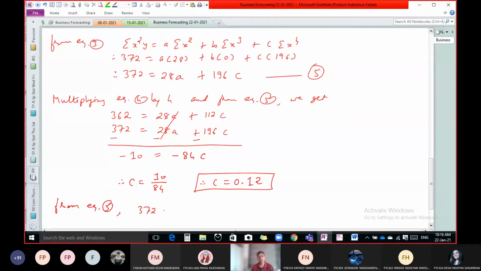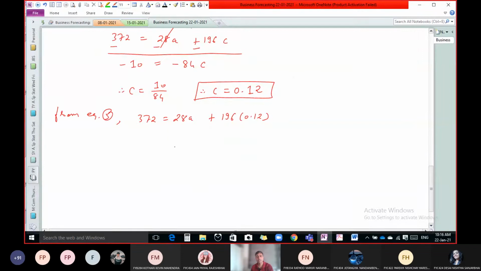372 equal to 28a plus 196 into c. C is what? 0.12. So do this calculation. 372, therefore 372 equal to 28a plus, what is the multiplication? 23.52. Okay, now subtract this 23.52 from 372.